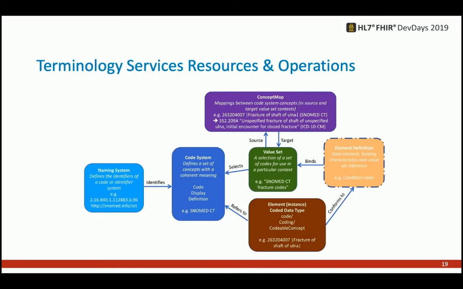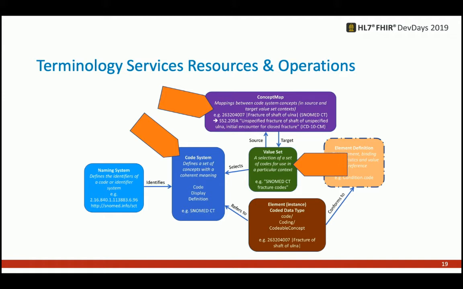So the things we're going to talk about, I was going to draw a picture, then I realized that the picture on the HL7 FHIR website was better than I could do, so I just copy and pasted it. But the things that we're really going to talk about are the code system, the concept map, and value sets. The other ones on the picture, so element definitions and elements, are very much within the profiles that many people are speaking about over the next couple of days.